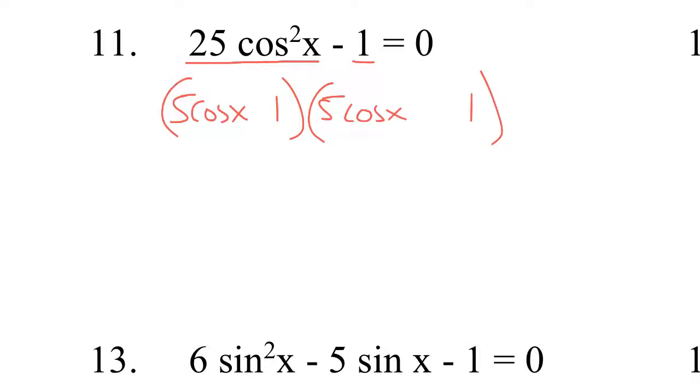And so the only difference in the difference of squares is that one of these is positive and one of them is negative. And now we can say that each one of those factors set equal to 0 has a solution.